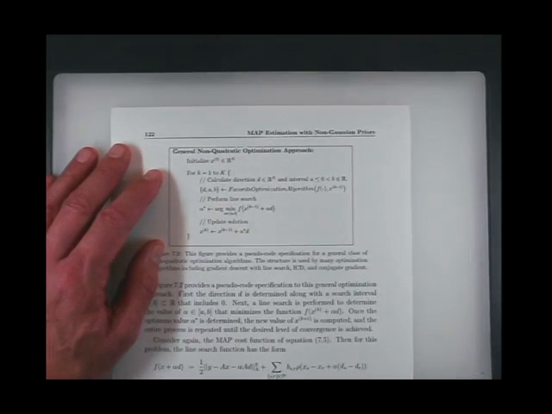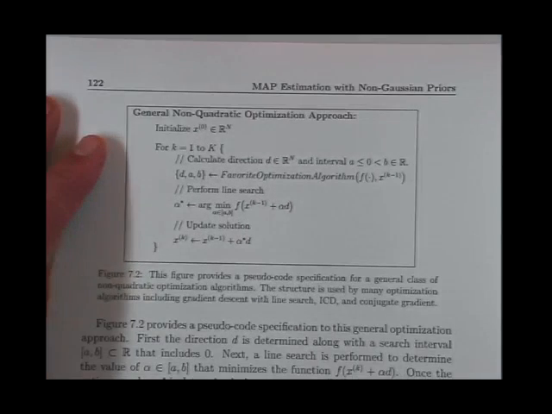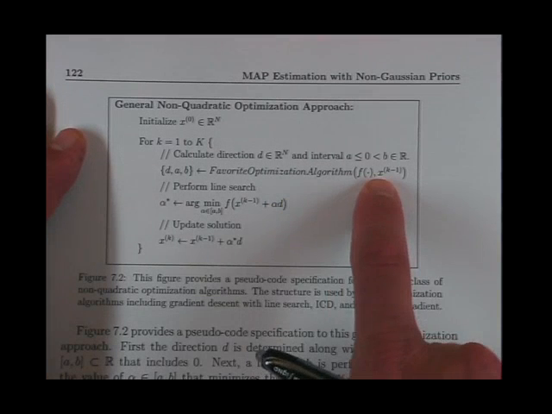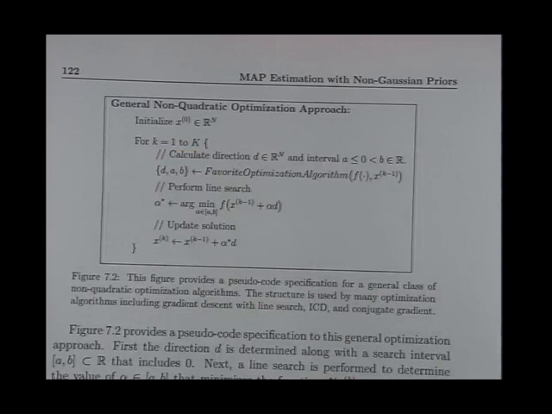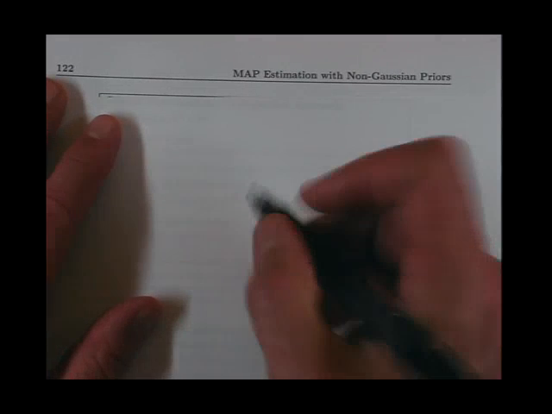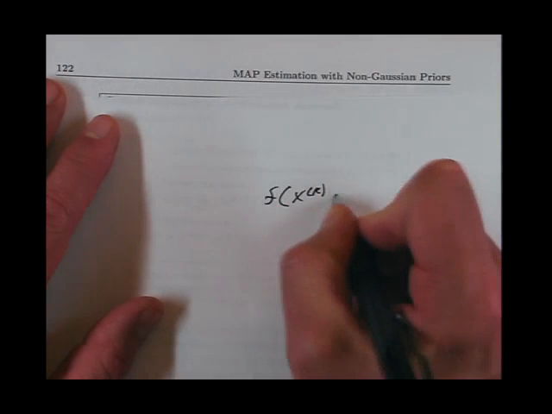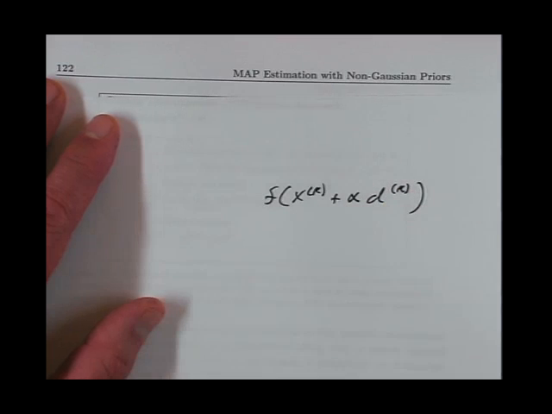Okay, so this is figure 7.2, and basically, you take the function, and at the current point, you find the direction you're going to do the optimization. So now what you have is f of xk plus alpha times dk, right?